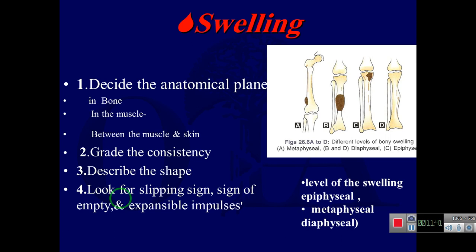While between the muscle and skin, there is no change in the size of the swelling when the muscle is put in contraction. Also, examine the level of the swelling to identify whether it is in the epiphysis, the diaphysis, or the metaphysis.